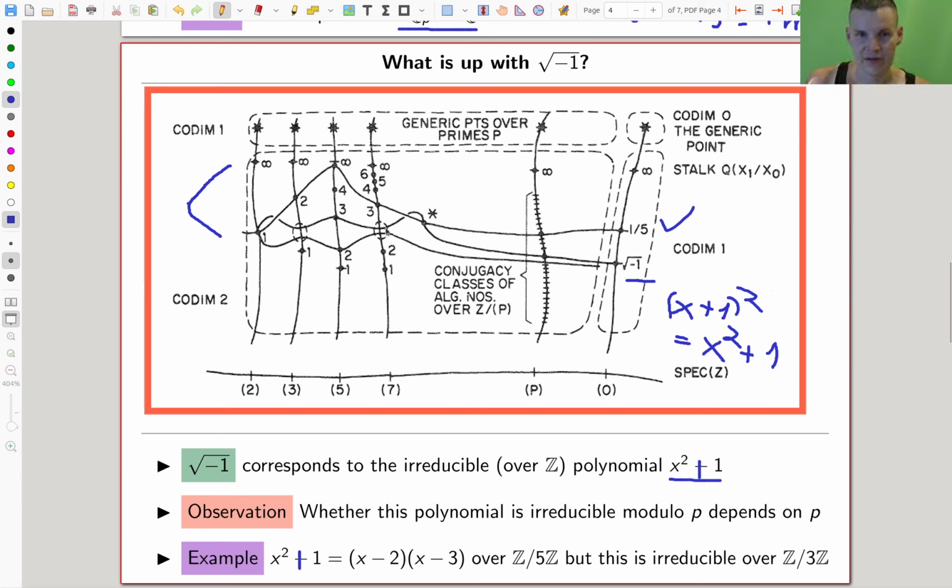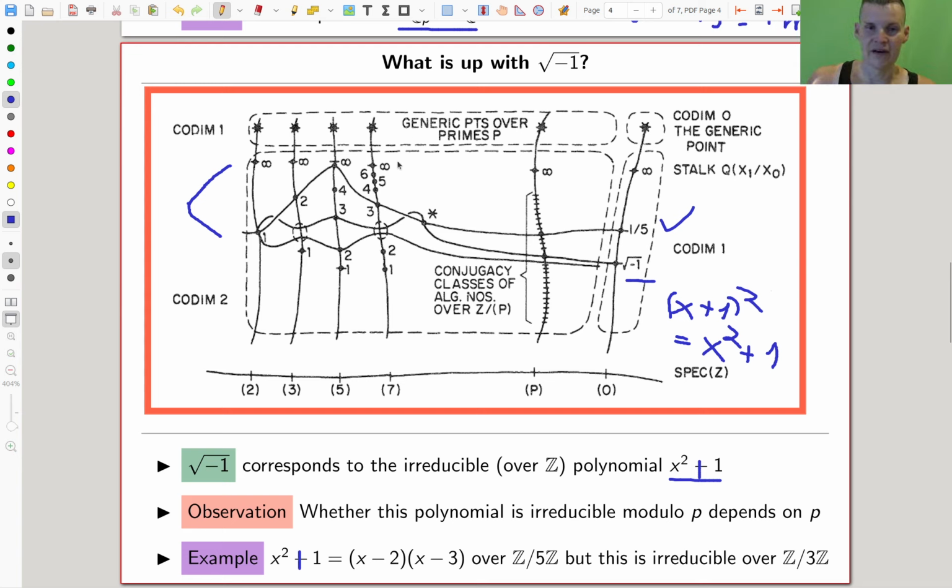So if it's irreducible, there's an extra point that you can't really see in Z mod P. And if it's not irreducible, it will factor into something, for example 3 and 2 or something like that. This is how you should read this minus 1 and so on. You could put in another irreducible polynomial and you would get some line here. If it's a higher degree, it might hit a line 3 times or something like that.